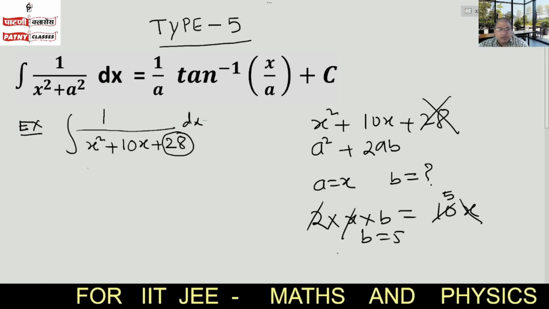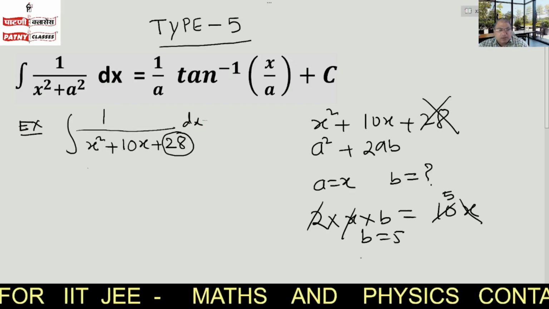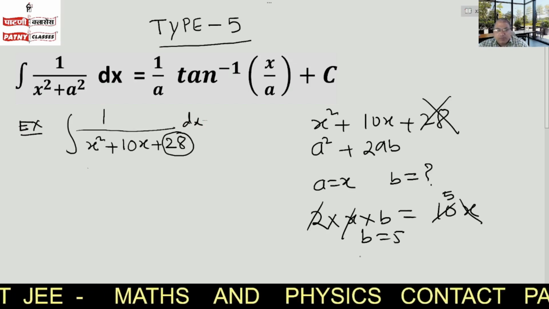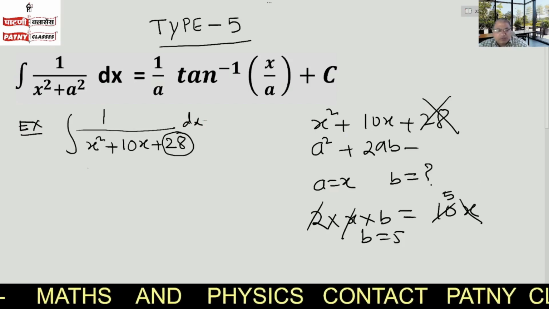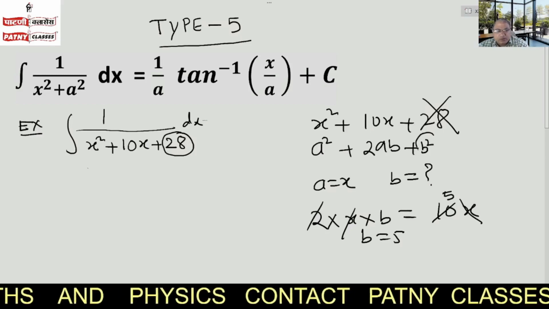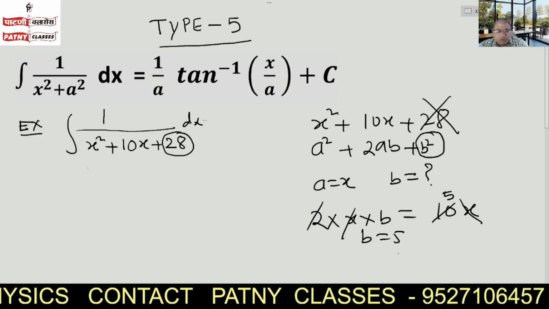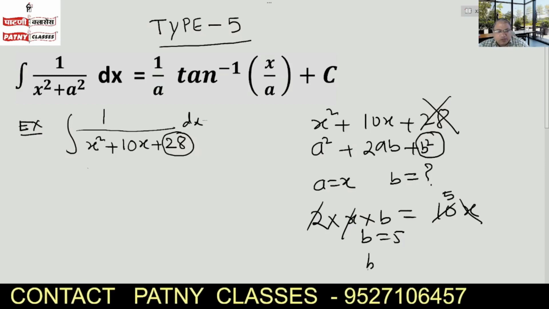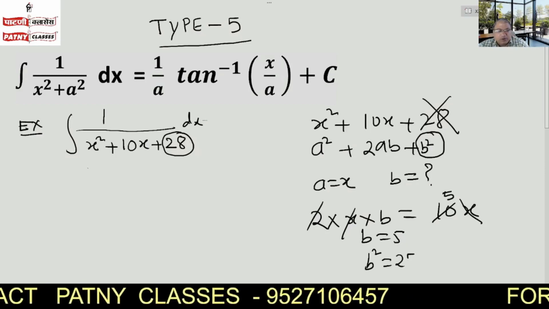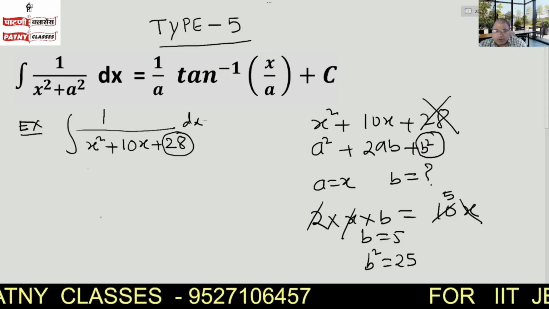We could obtain the value of b when we compare with a square plus 2ab plus b square. We were searching for the value of b square. We got b equals 5, therefore b square equals 25. What do we do here?